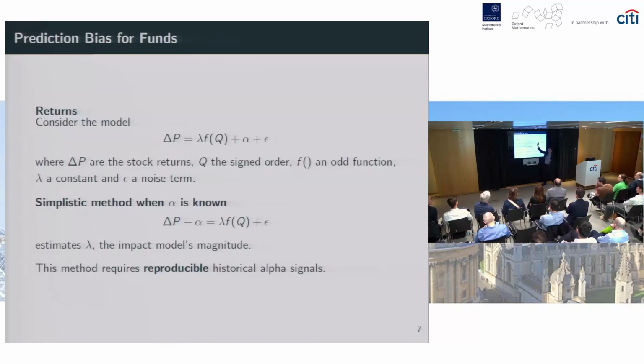So either I can write impact plus realized alpha plus epsilon, where epsilon is truly independent of alpha, or I can write impact plus predicted alpha plus epsilon, but epsilon is now not independent of alpha anymore because there might be some bias in my prediction. Does that make sense?